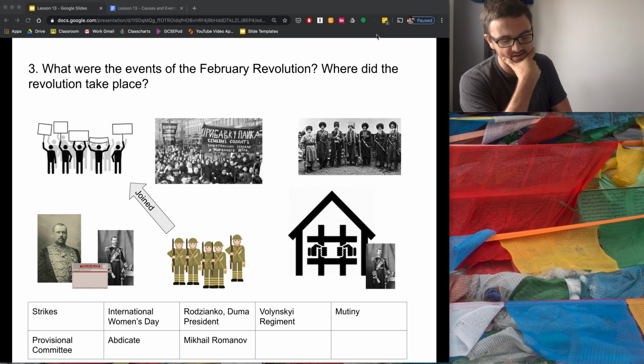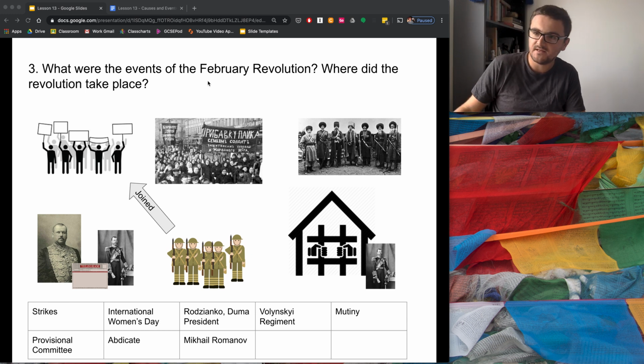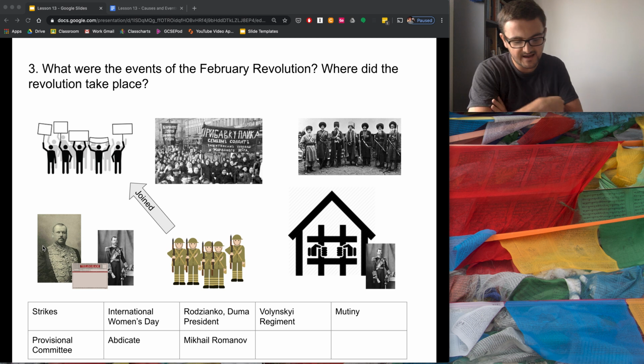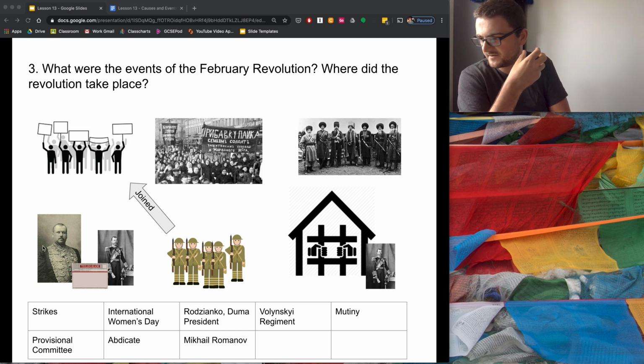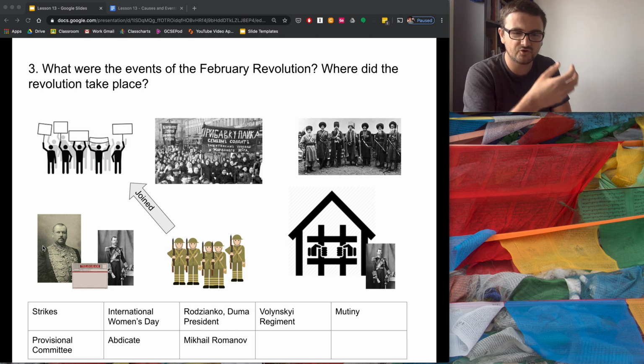Then, on the 26th of February, a Sunday, this man here, Rodzianko, the president of the Duma, a man who is a symbol of civilian control or almost elements of democracy, a man who has some legitimacy to represent the people, sends a telegram to the Tsar warning him of the severity of the situation in Petrograd, and Tsar Nicholas ignores it.